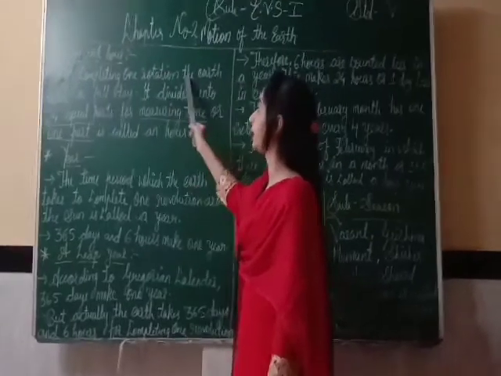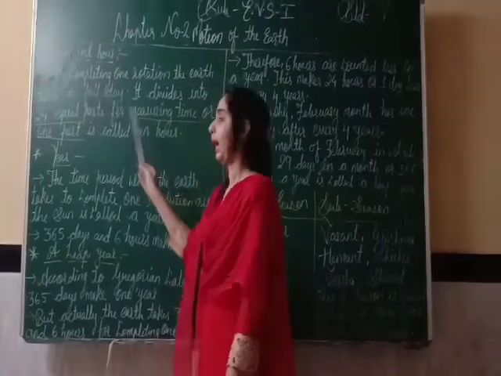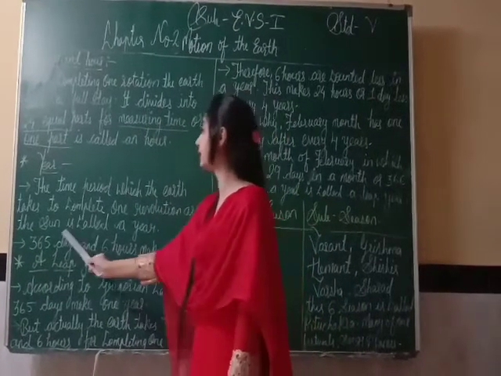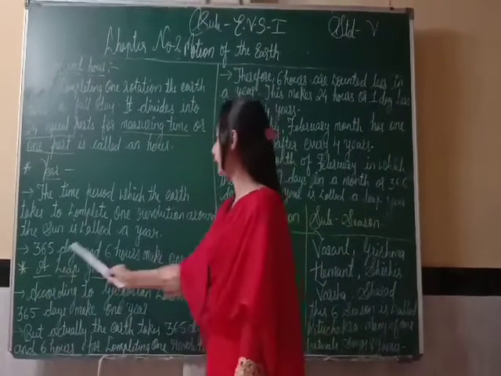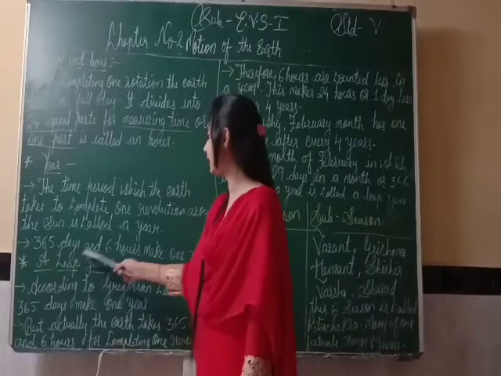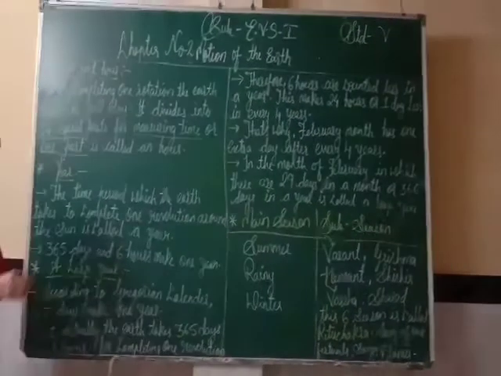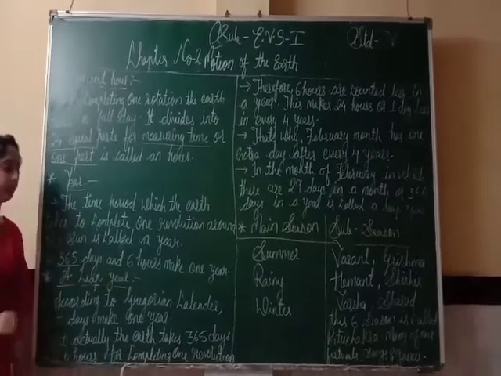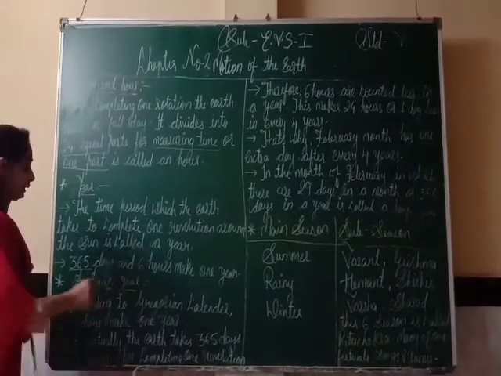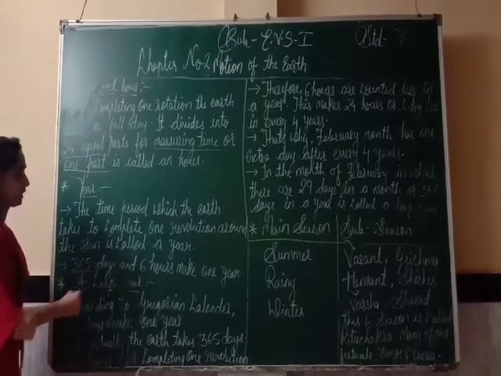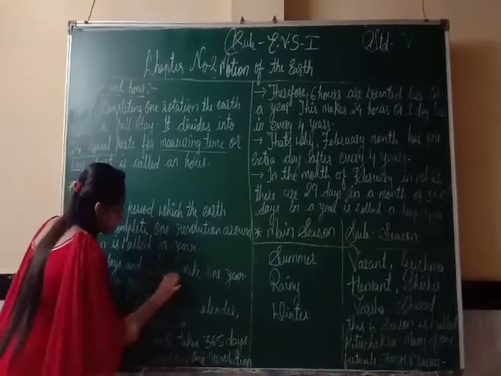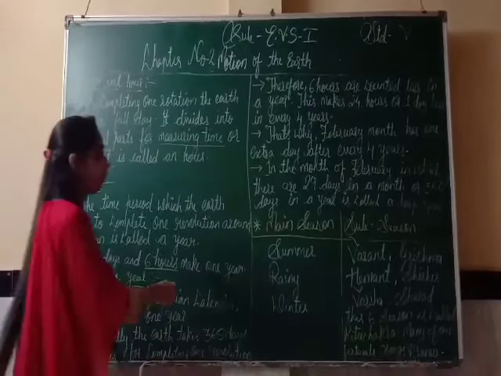One rotation completes in one full day and one revolution completes in 1 year. Each year has 365 days and 6 hours. Already we know that 365 days complete 1 year, but the actual time is 365 days and 6 hours.